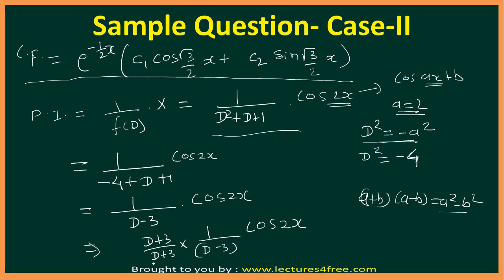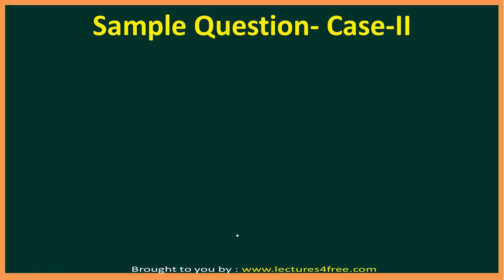So here you will get the d square term: d square minus 3 square means d square minus 9 in the denominator. The particular integral will be d plus 3 in numerator and d square minus 9 in denominator, into cos 2x. So now in the denominator you are getting a d square term.